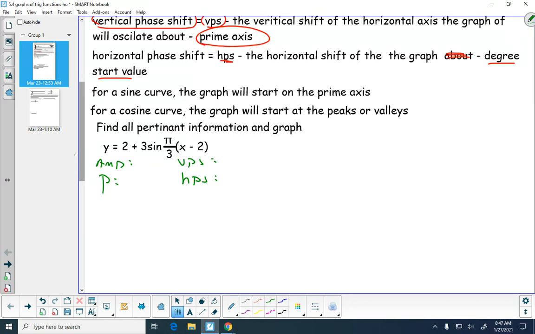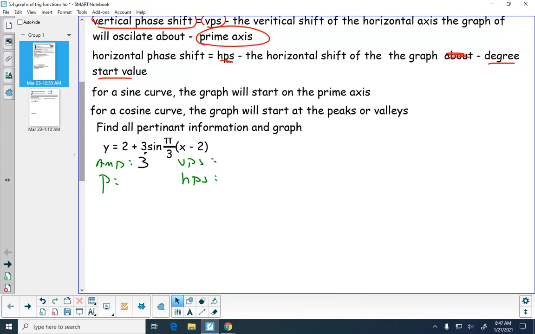The amplitude is the coefficient of the trig function. So Mickey, what's our amplitude? 3. That is correct. Here's my coefficient of the trig function, so I have a value of 3.